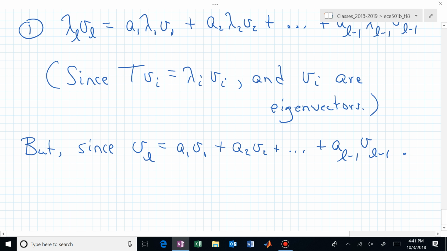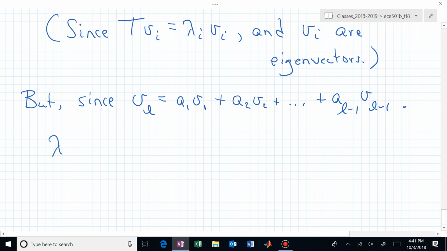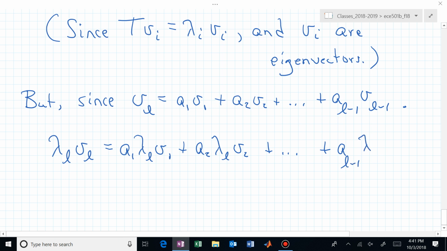So now I have lambda sub L V sub L equal A1 lambda sub L V1 plus A sub 2 lambda sub L V sub 2 plus A sub L minus 1 lambda sub L V sub L minus 1.